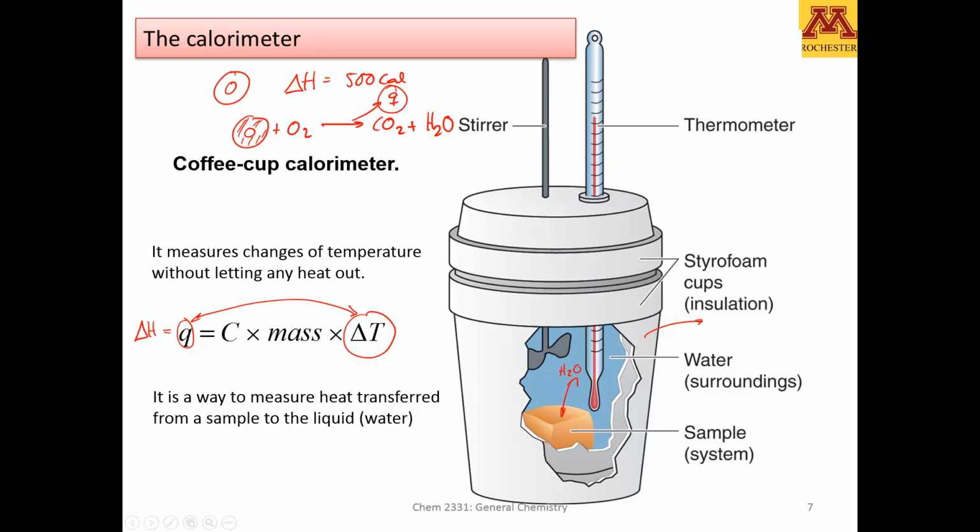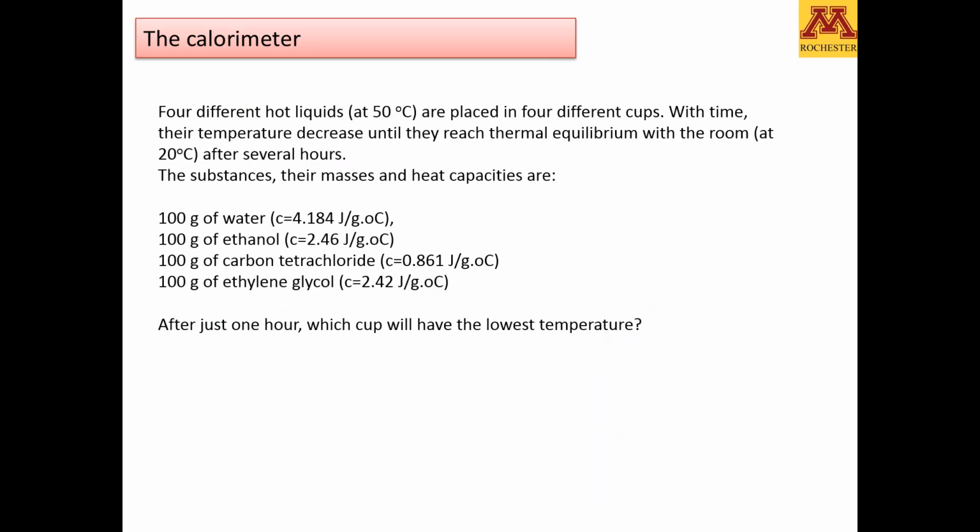For a donut it would have to be a little bit more complicated. But the idea is that the change in temperature of water is associated to the heat that your system contained. So this is a very common experimental device to measure heats of reaction or heats of any physical or chemical change. So let's run a simple problem.